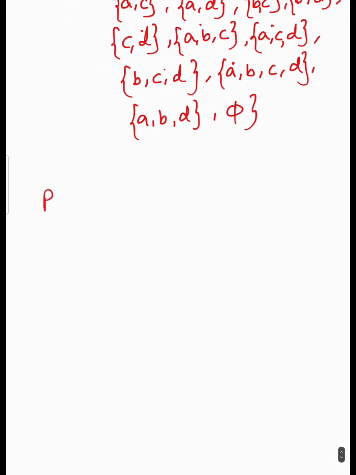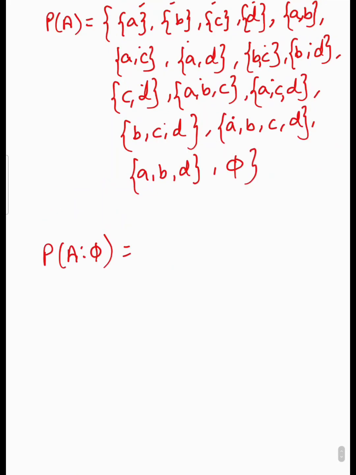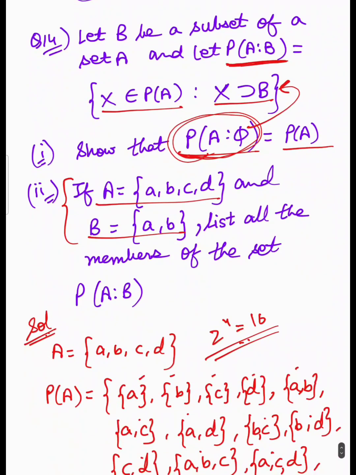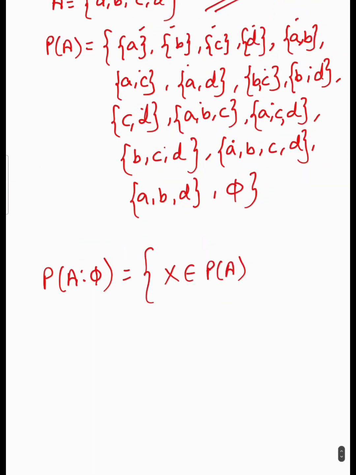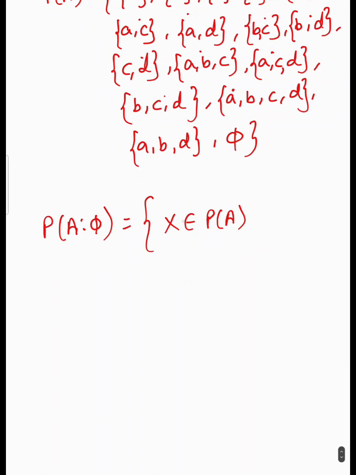So P A to phi, as per the given definition, X is a set which belongs to P of A. X is an element, and every element of a power set is itself a set because it's a set of the subsets. So X belongs to P of A.